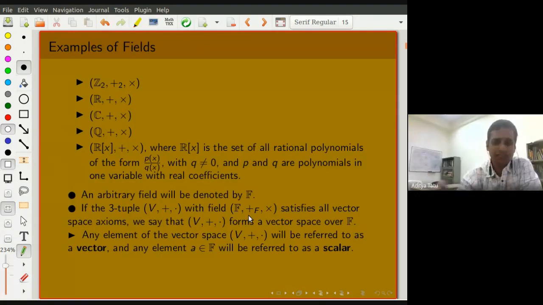Let's look at examples of fields we also saw in the last class.